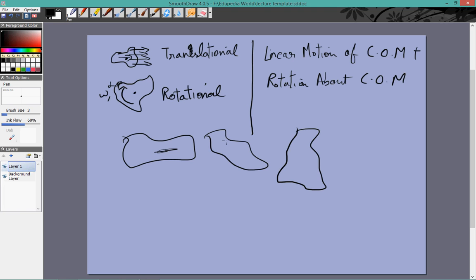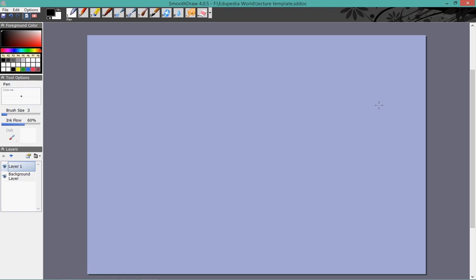So for such a random motion, we can decompose it into a linear motion of the center of mass plus rotation in the center of mass frame. If we are sitting at the center of mass, we do not see the linear motion of the center of mass, we'll only see the rotational motion about the center of mass, right? And this is how we can solve many problems.